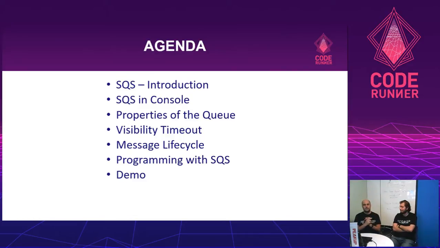And the last one, the demo. In the demo, we will show you listing queues and sending messages. For this reason, we are going to create queues in the console, and we are going to write Lambda functions to list and send messages.